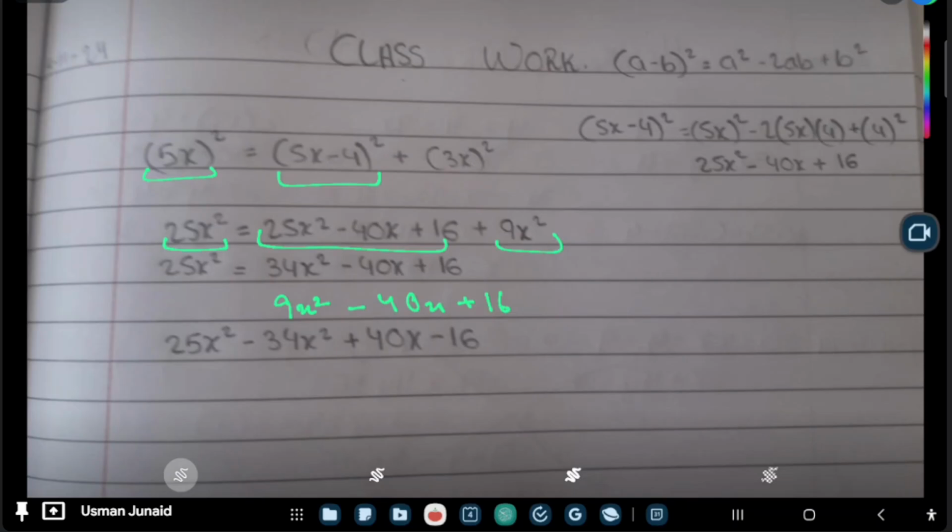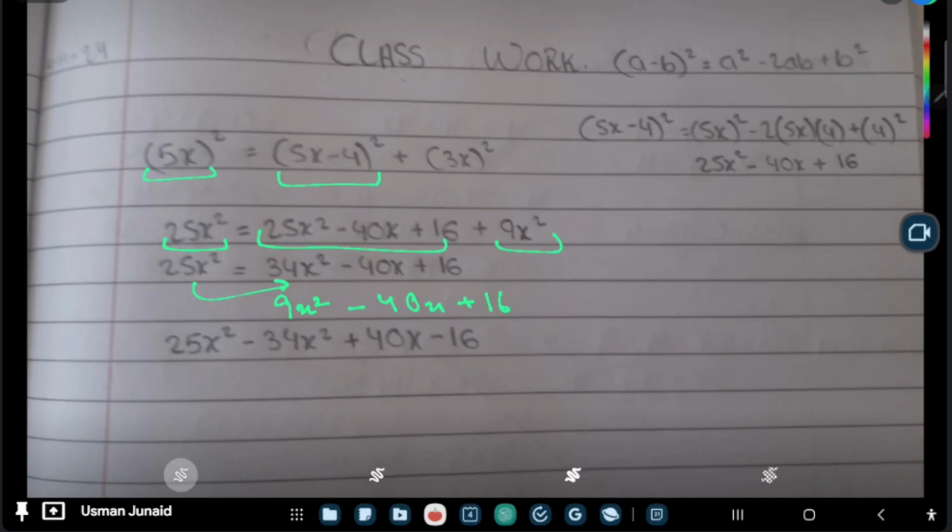So if on the right hand side there's a positive value which is larger, you'll put the smaller value on the left hand side. So you move this here and you have 9x squared now. Now 9x squared minus 40x plus 16.